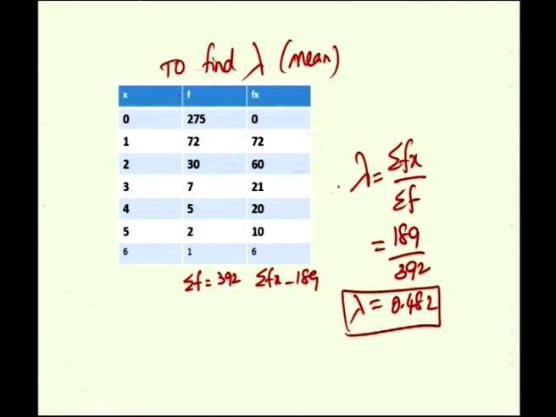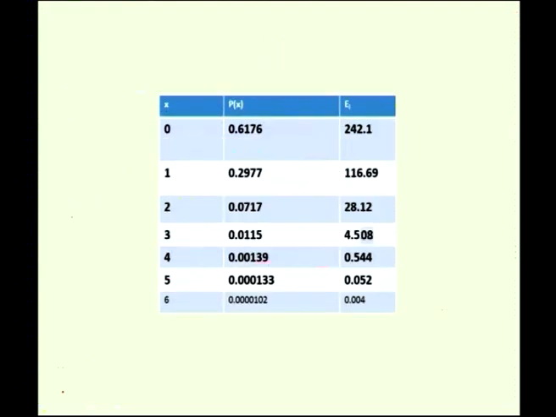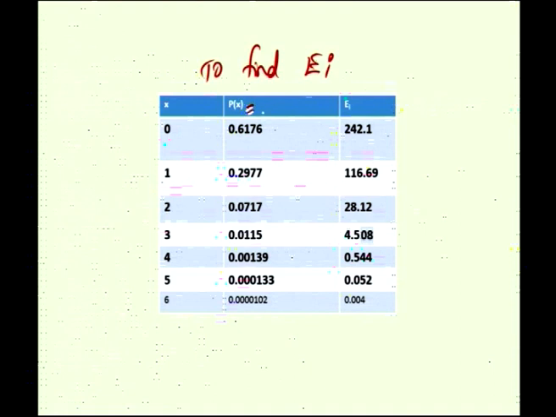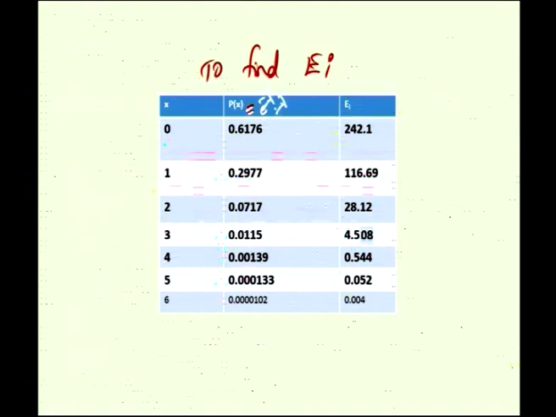We just calculated it for doing the Poisson probabilities, right. What are the Poisson probabilities? Here are the values to find EI. X values are given and these are the Poisson values equal to e power minus lambda, lambda power x by x factorial.